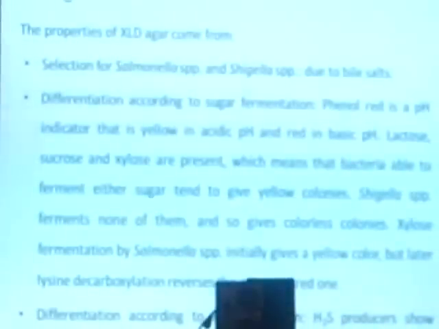Now Salmonella. The story has more than one element. Salmonella can ferment xylose, therefore at the start of the incubation, it gives a yellow color. But because this medium contains the amino acid lysine, it starts a process called lysine decarboxylation. You know, lysine is an amino acid.